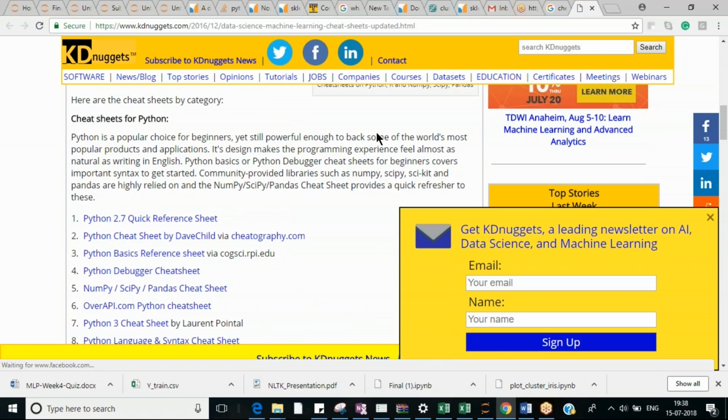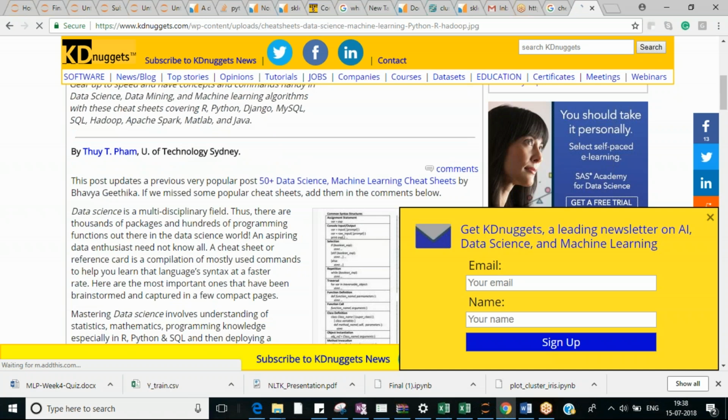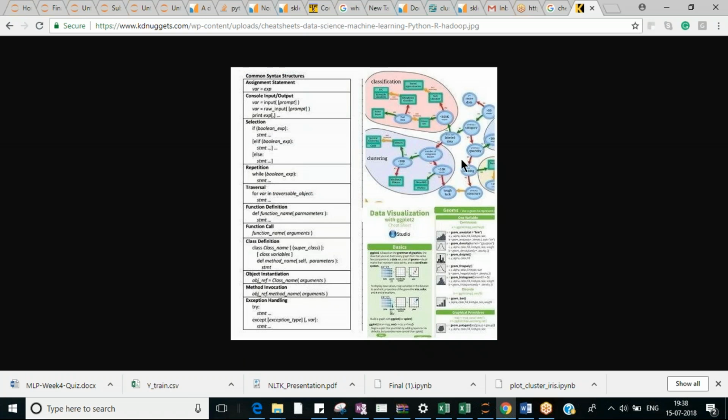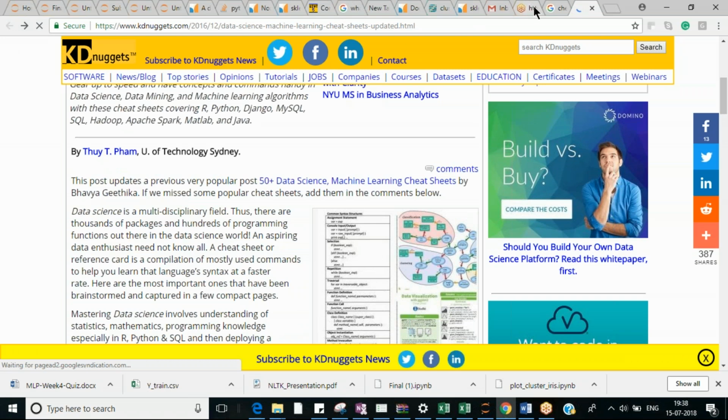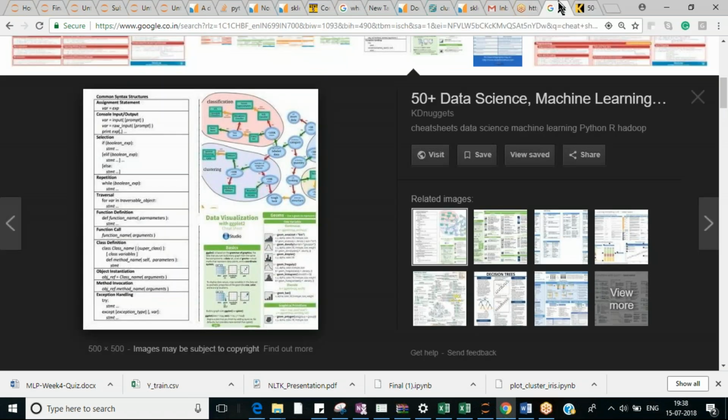I think I will have an image. Not able to find it right now. The whole image is not there. This is one of the cheat sheets. I'll try to find the main image. Meanwhile, do you want me to draw it, or if I send it, that will be okay? If you draw it, I think it will explain more. So just draw it.